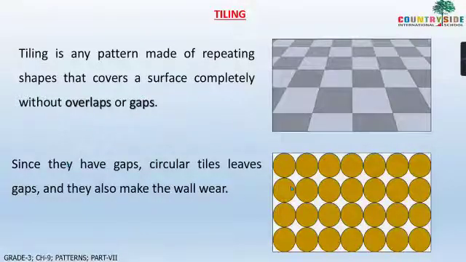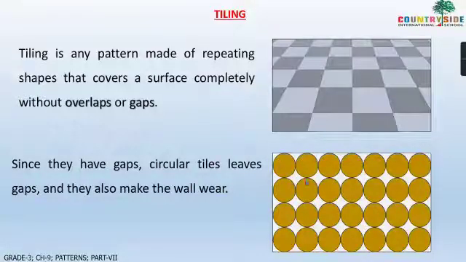Okay, on the other hand, when we are using any other shape, that means a circular or oval shape tile, then you can see there is a gap between each tile. So this type of tiling which leaves gaps is not possible. We can use this pattern but there will be a gap.